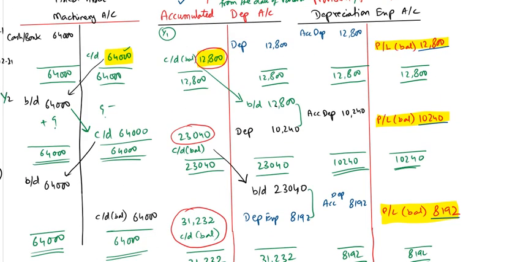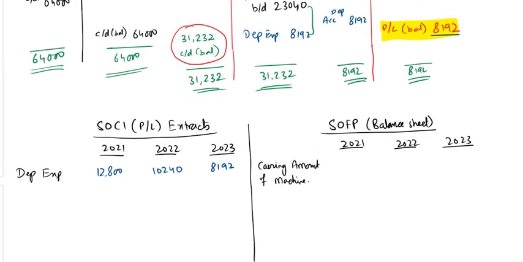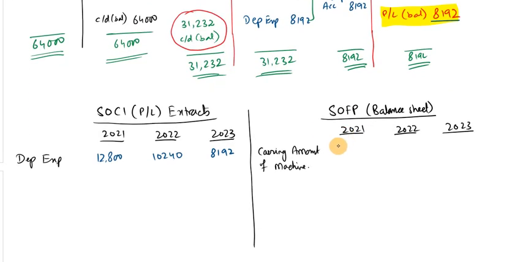So 2021, what is the carrying amount? Here is the cost. Here is the accumulated depreciation. So we subtract cost minus depreciation. The answer will be the carrying amount. So 64,000 is the cost. The formula of carrying amount is cost minus accumulated depreciation.